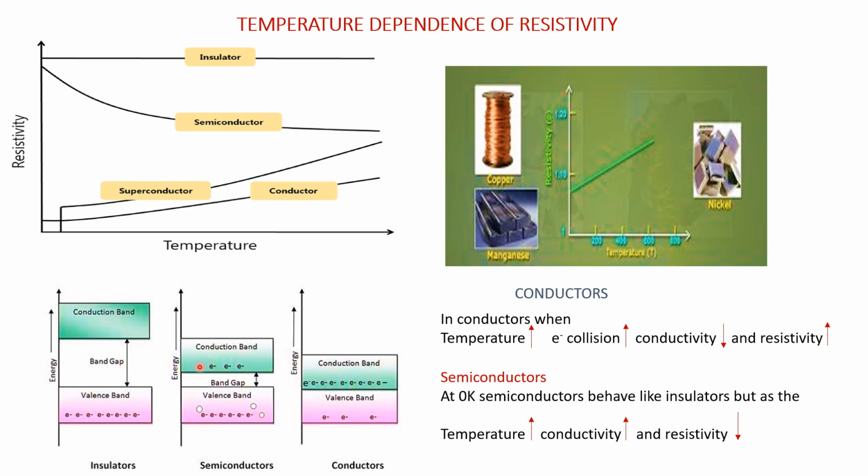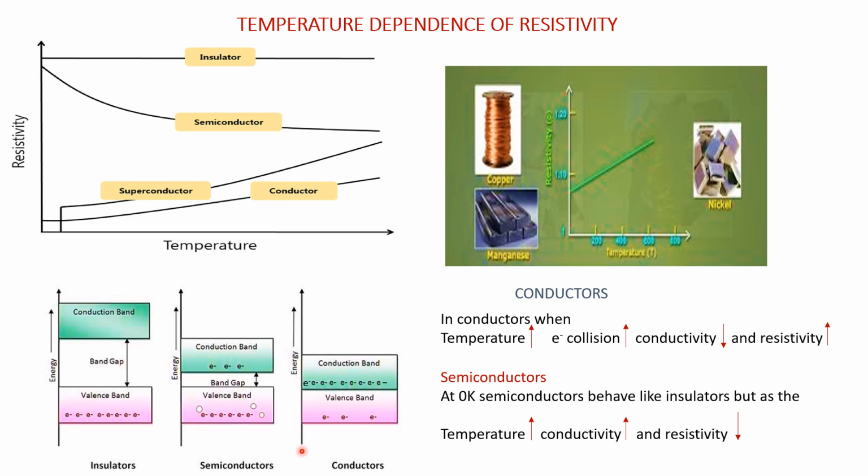Since there is less crowding of free electrons already available in the conduction band, there are very few collisions taking place here. So the majority of the electrons that are excited from the valence band to the conduction band contribute to the conductivity. So the conductivity increases as we increase the temperature, whereas the resistivity decreases.